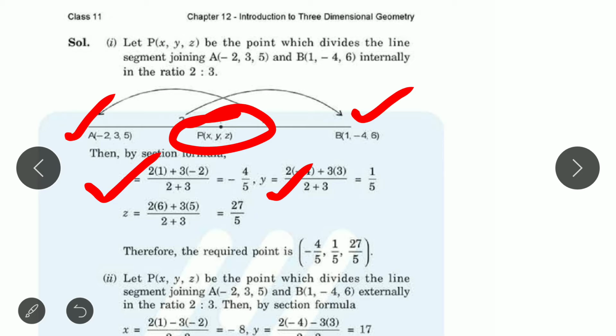The answer came out to be 1 by 5. Third, they calculated the z coordinate using the formula (mz2 plus nz1) divided by (m plus n), where m plus n is 2 plus 3, and the z coordinate came out to be 27 by 5. Hence, the answer is the point (minus 4 by 5, 1 by 5, 27 by 5).